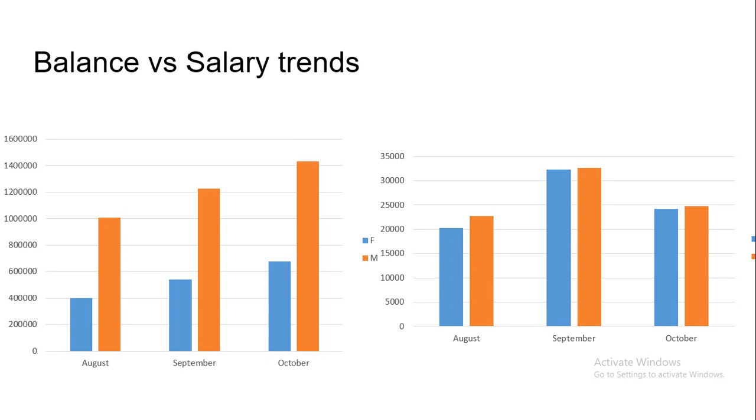We can, however, see that as we go ahead in months, this balance is increasing for both in a similar pattern, whereas the trends of salary show that there is very little difference if we compare gender wise, and we can see a rise in September and a fall in October.